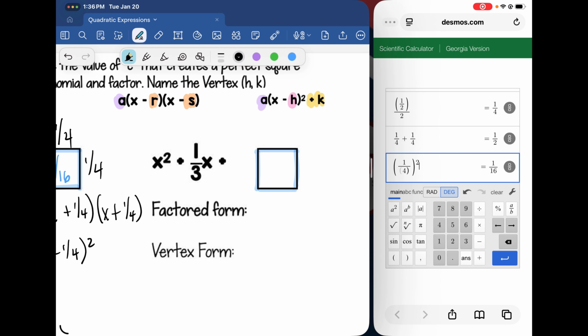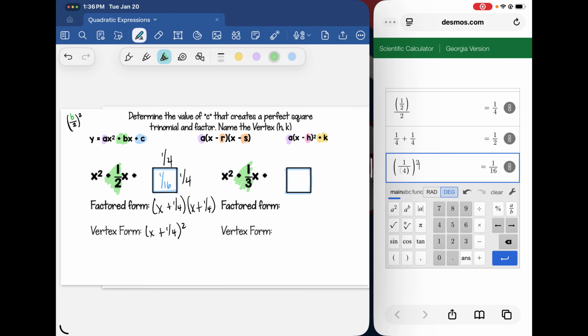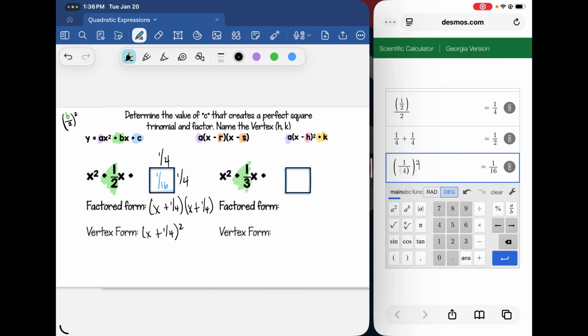All right, what about x squared plus 1/3 x plus what will complete this square? What is your b value? The b value is 1/3. And just like I did in all the rest of them, I want to take half of it.